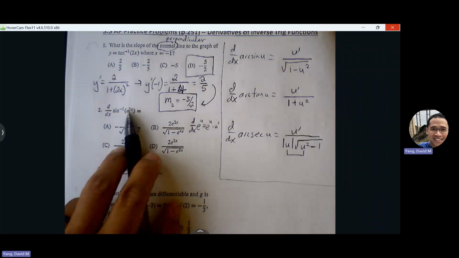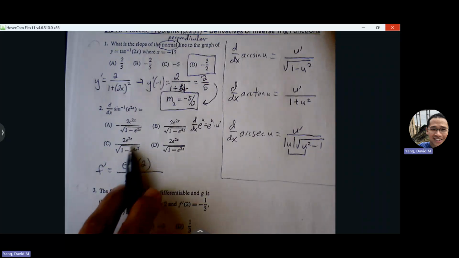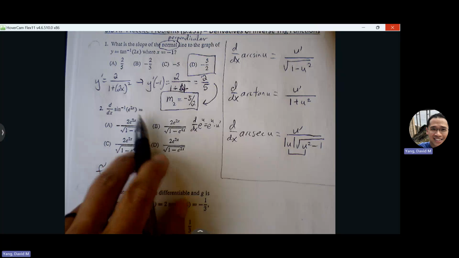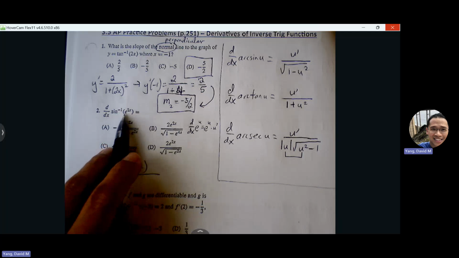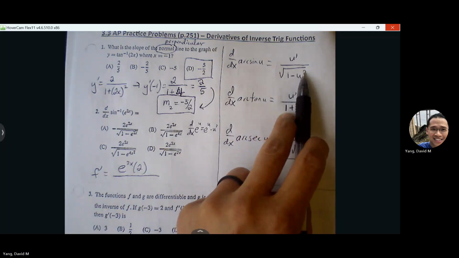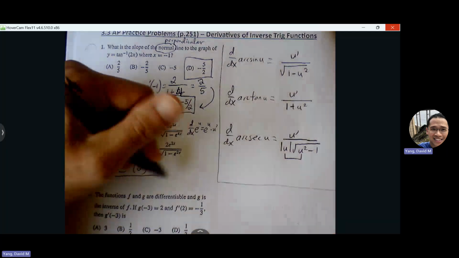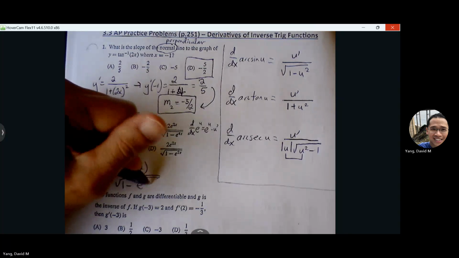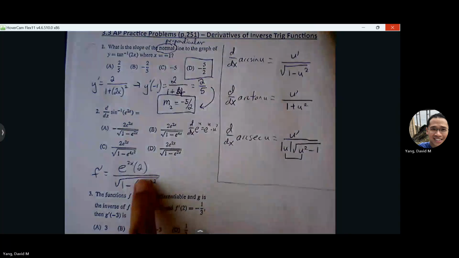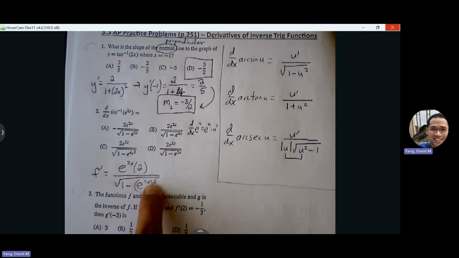So e to the 2x times 2 would represent the full derivative of my parentheses, which I have to go through a little bit of chain rule to get to that derivative, all over square root of 1 minus e to the 2x quantity squared. And if I have exponents next to each other, I'm just going to multiply them together.